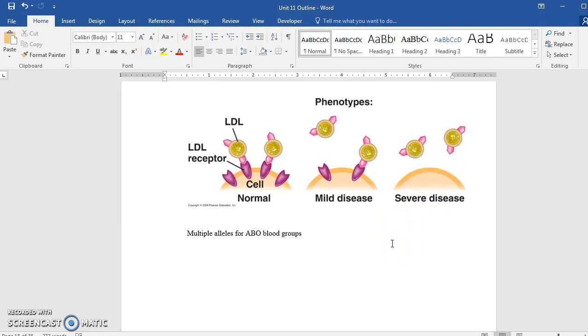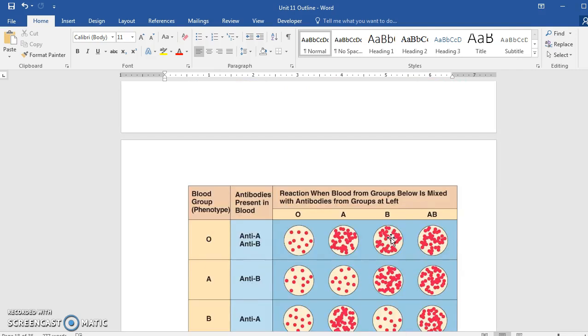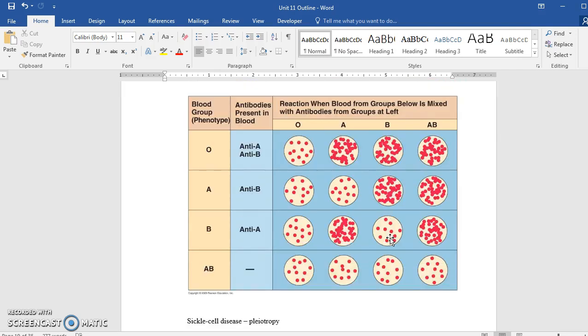We also see that there are some multiple alleles for certain characters. You look at the different traits. One example would be the blood groups. And with the different blood types in humans, there are multiple alleles that will allow multiple antibodies to be produced.